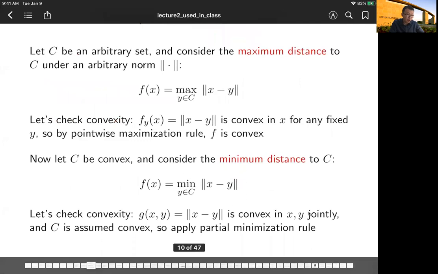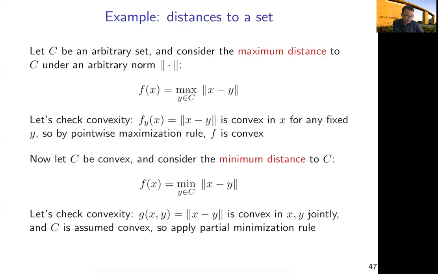So some examples of the previous two statements. Distance to a set. It turns out that we can take either the maximum distance to a set or, in some sense, the minimum distance to a set, and the functions with both max and min are actually convex functions. How do we see this?